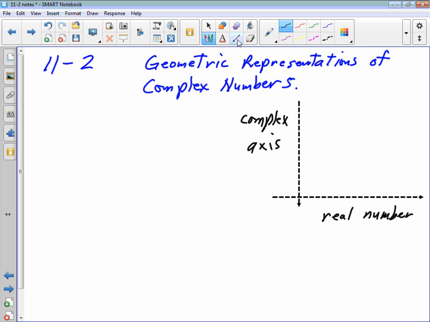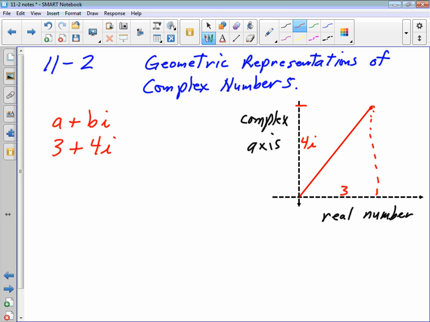And when we have numbers like this, they might be things like, I don't know, 3 and 4i. Keep in mind, complex numbers are in the form a plus bi. So if we have 3 plus 4i, that definitely fits the bill.